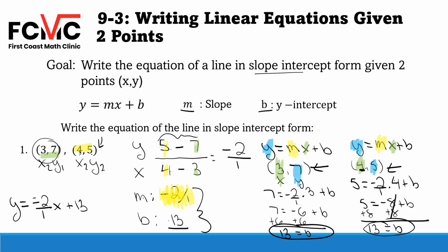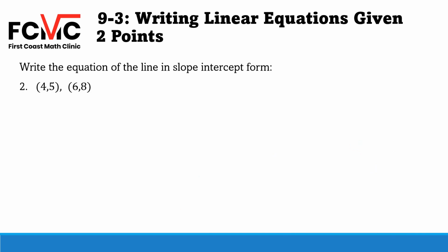Let's do a couple more examples where we write the equation of a line in slope-intercept form given a set of points. All right, so here we've got 4, 5 and 6, 8. So again, let's list y, x, m, and b. So our y values, let's do 8 and 5. X values, 6 and 4.